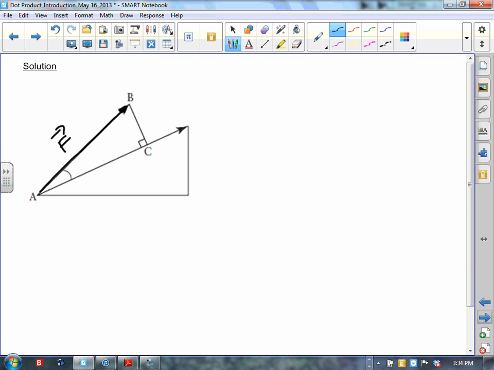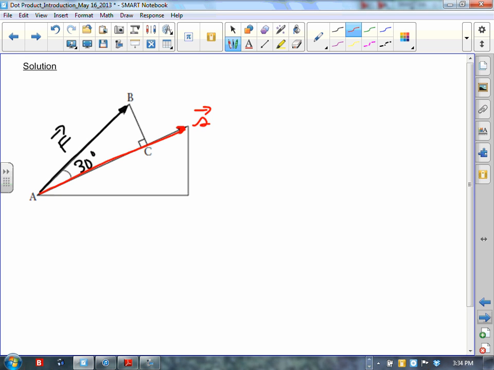So there's vector F. We have an angle of 30 degrees. It's important to note that there really are two vectors going on here. We have vector F, and we also have another vector, the displacement vector. So here's S. That's the displacement vector.